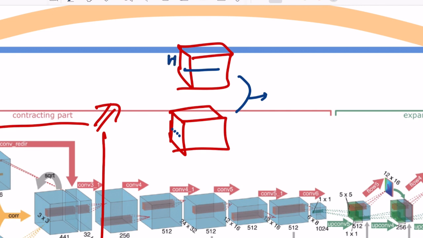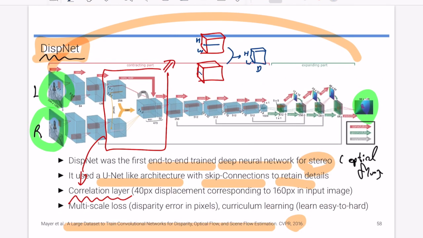In this case, H by W by T, for example. Then we encode such a cost map with a convolution and decode with another convolution layer to arrive at the final disparity map. Such is the disparity network architecture.